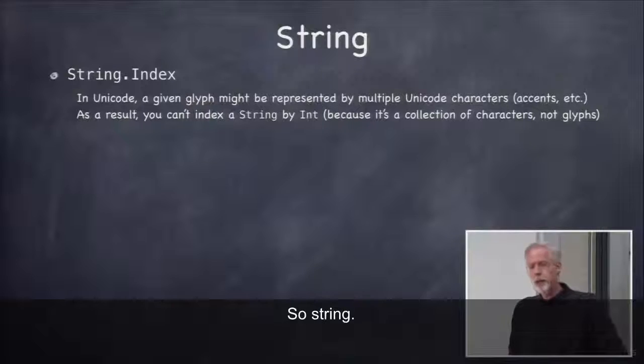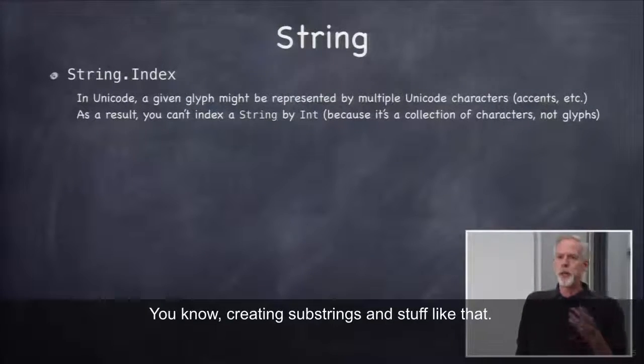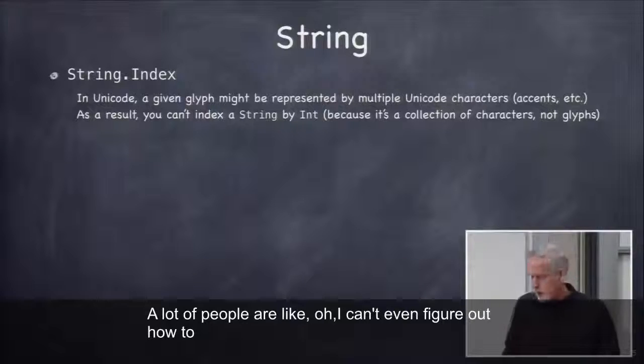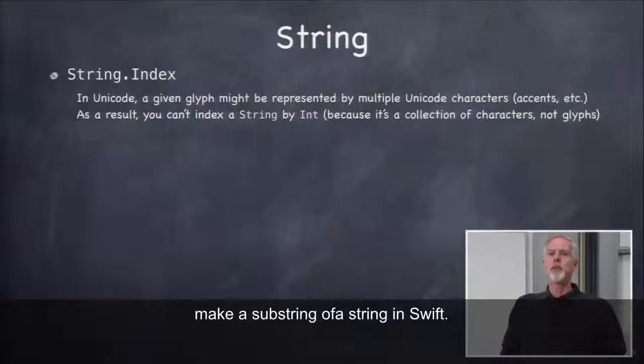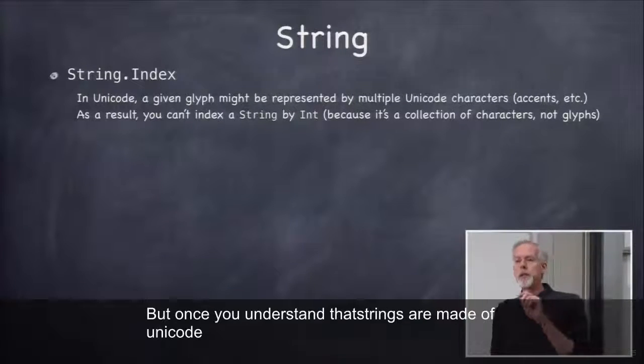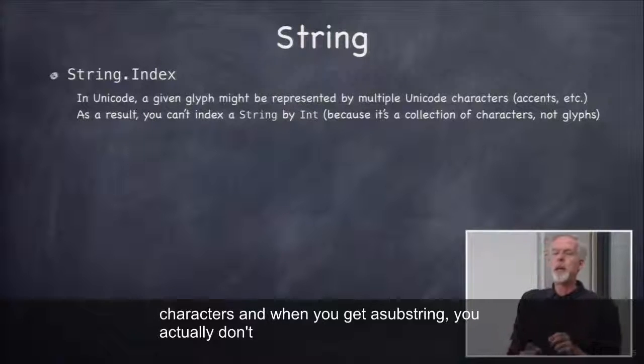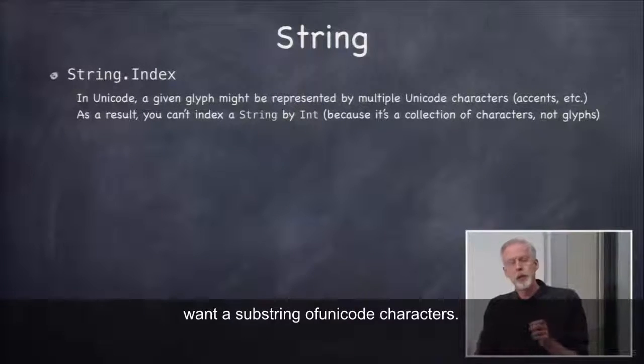But string is complicated when it comes to indexing, creating substrings and stuff like that. A lot of people are like, oh, I can't even figure out how to make a substring of a string in Swift. It's so complicated. But once you understand that strings are made of Unicode characters, and when you get a substring, you actually don't want a substring of Unicode characters.